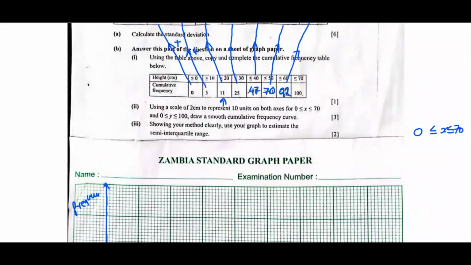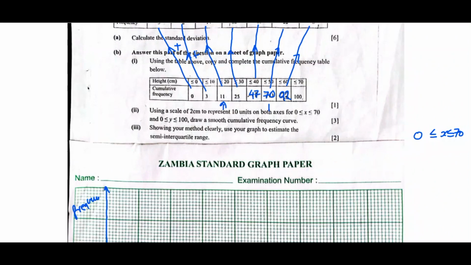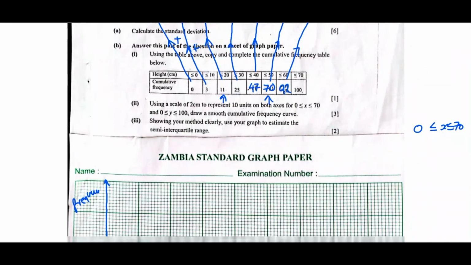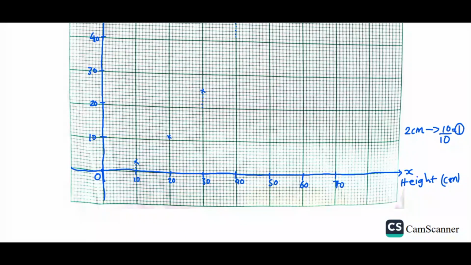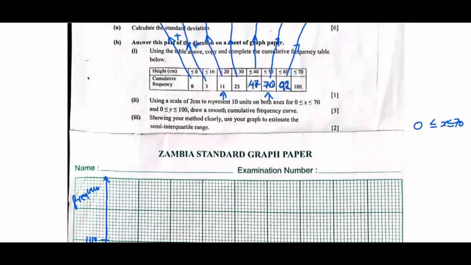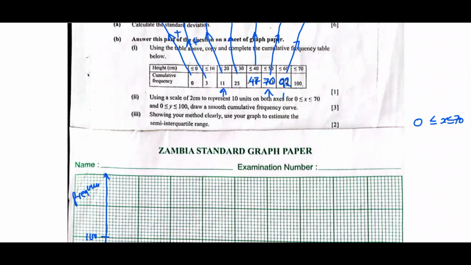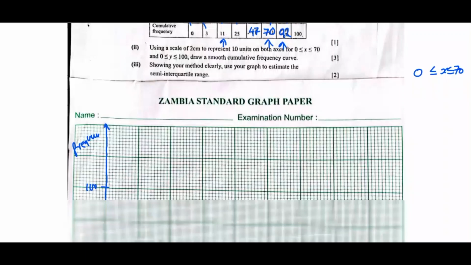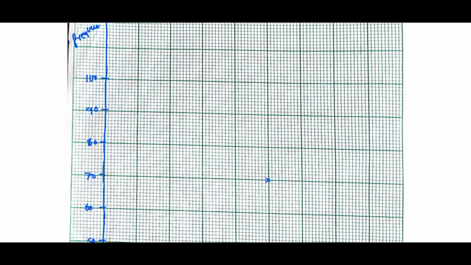Then here we have 50,70. So 50,70 is here. Then after 50,70, what do you have? 60,92.